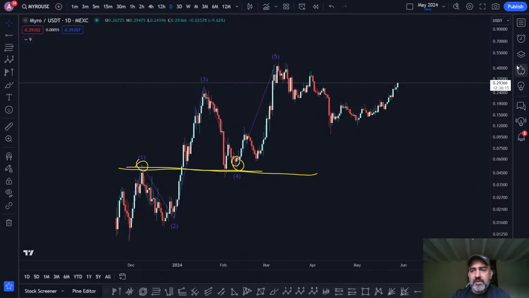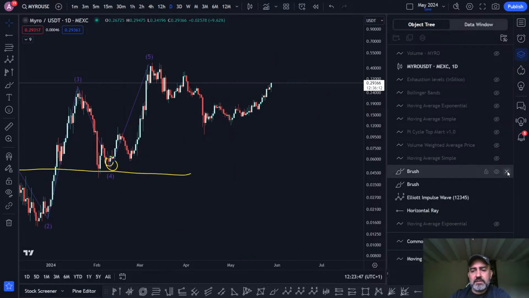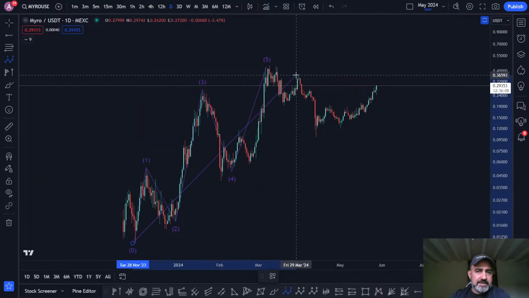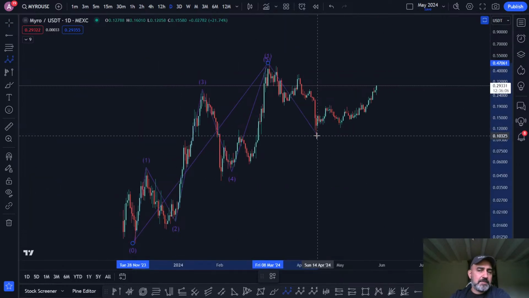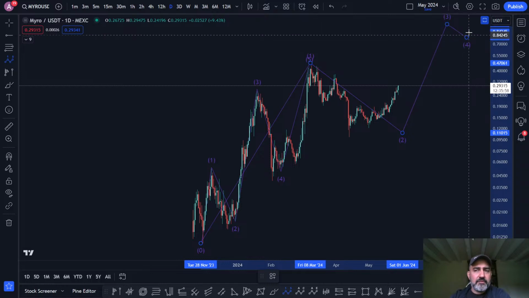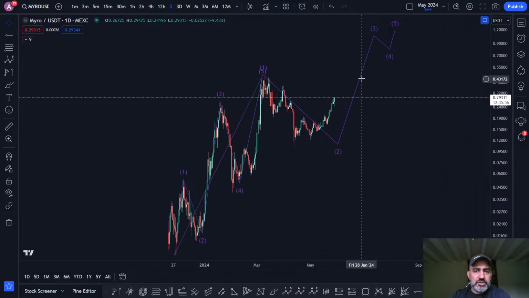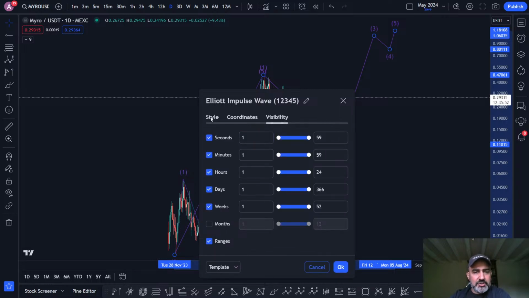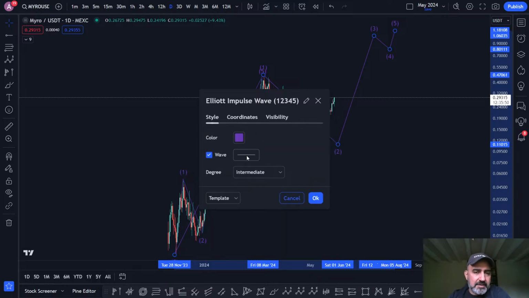Now that we have our 5 waves here, you can actually go from here to there. That's your wave 1. Now we're in some sort of wave 2, and you're looking for a wave 3, 4, 5. You can change the color there, and there's a naming convention which I don't bother with because I don't really see the point.